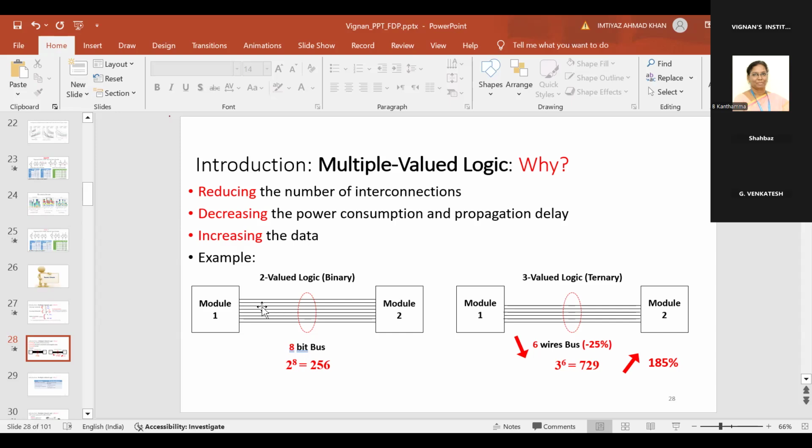If you are transferring data via a binary logic bus, 8 bits means you need 256 states. But with three logic levels, 0, 1, and 2, there is 3 to the power 6, which is equal to 729. It means you can send 729 in the same time, and here it is 256. So it reduces almost 185%. That is the reason I'm using ternary.